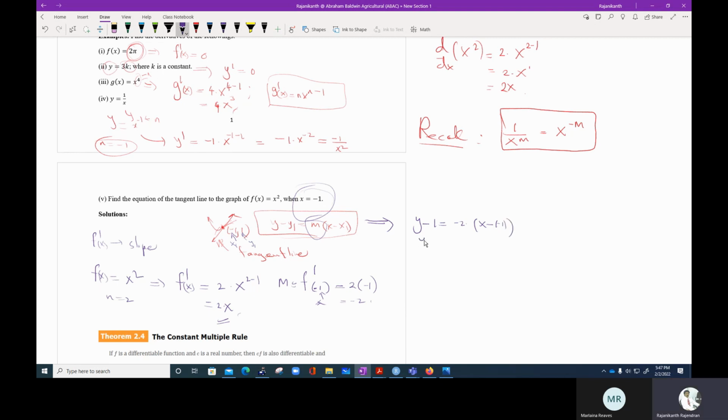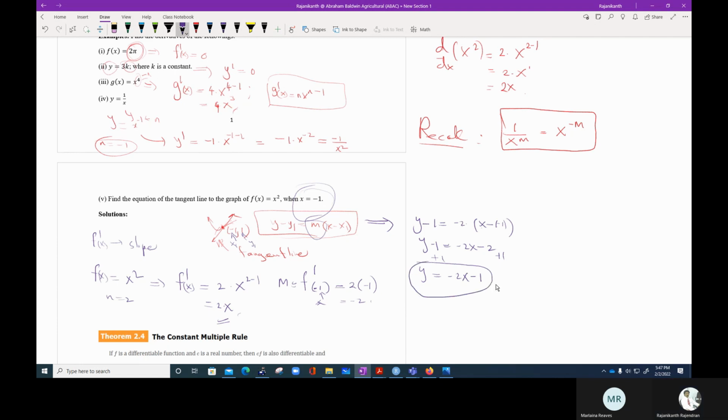Now, if you want, you could simplify this expression. Negative 2 times x is negative 2x, minus times minus, plus 1 inside. So when you distribute, negative 2 times negative 1 is 2. Then I am subtracting 1 and rearranging into y equals mx plus b form. So if you do that, y equals negative 2x minus 1.